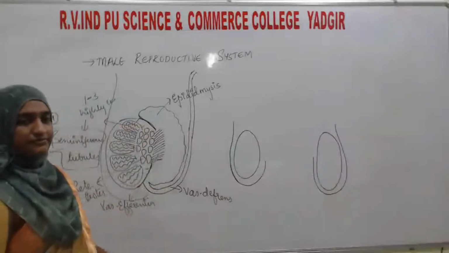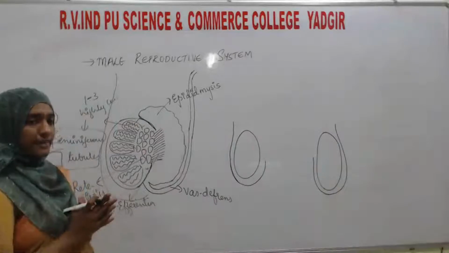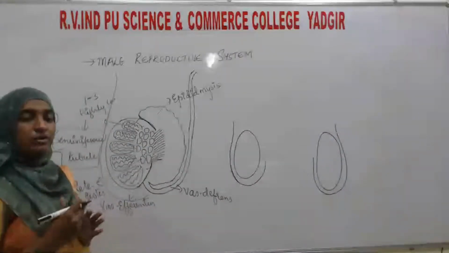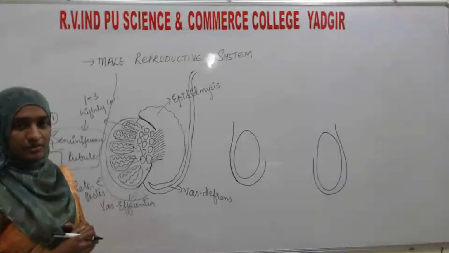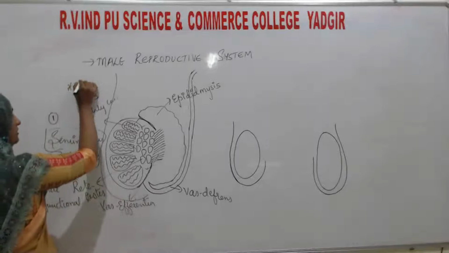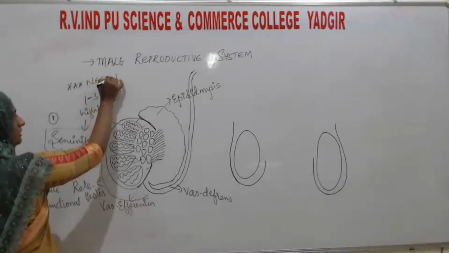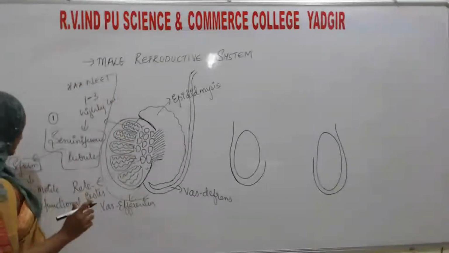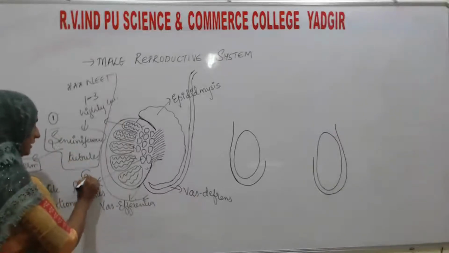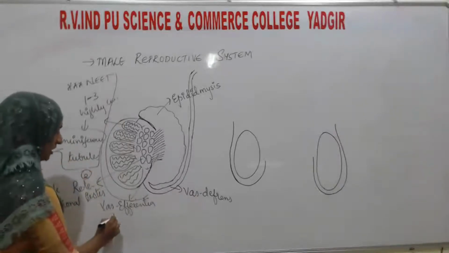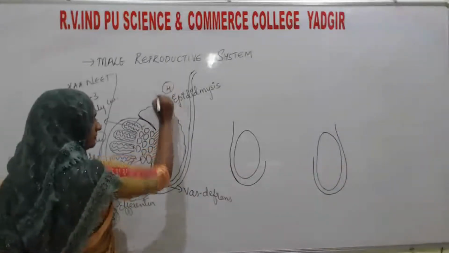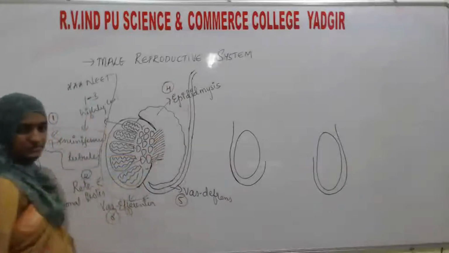Vas deferens. Sometimes they will ask, what is the sequence of sperm transportation in the testis? Mostly they will ask this, so note this point. In that sequence, first is the seminiferous tubule, second is the rete testis, third is the vas efferentia, fourth is the epididymis, fifth is the vas deferens.